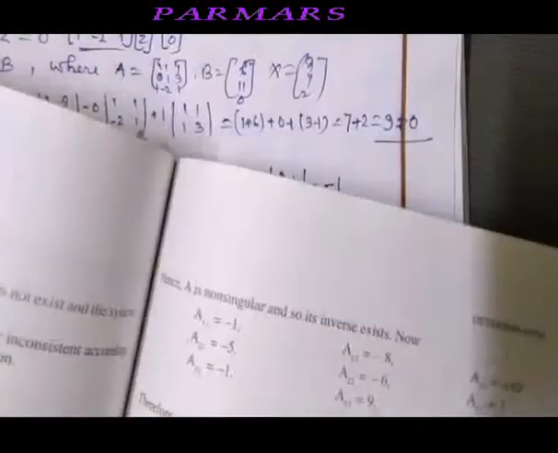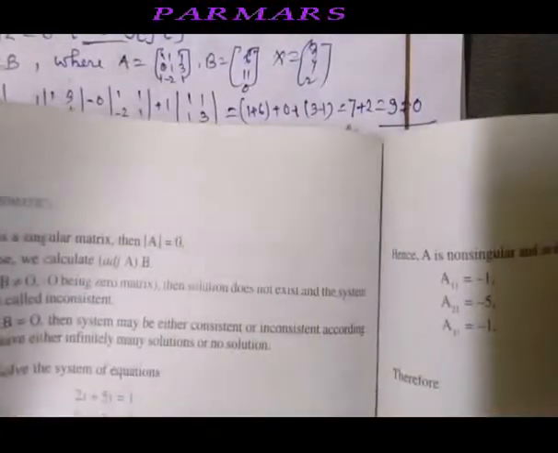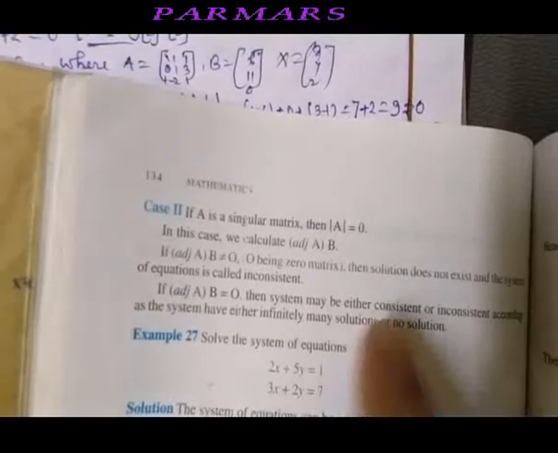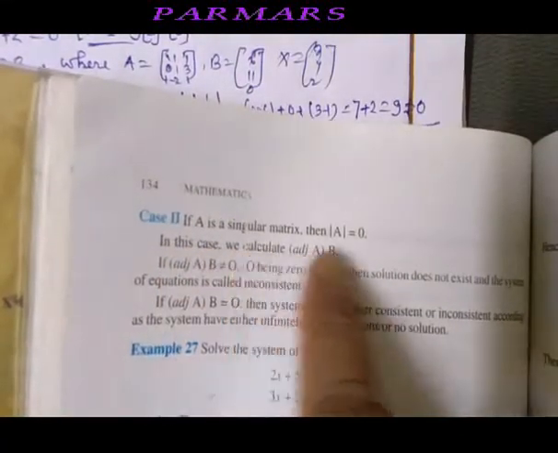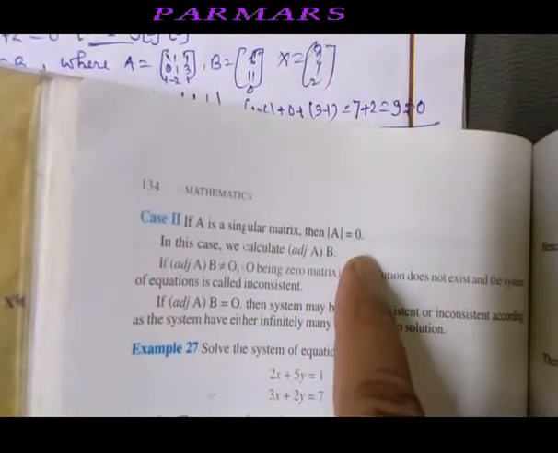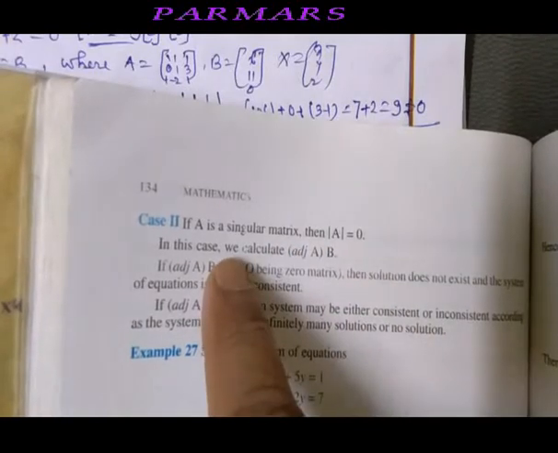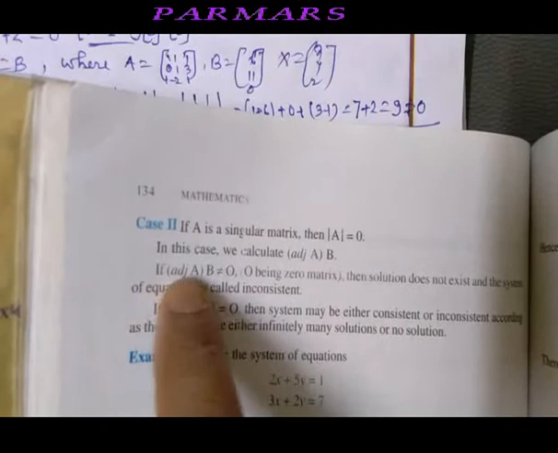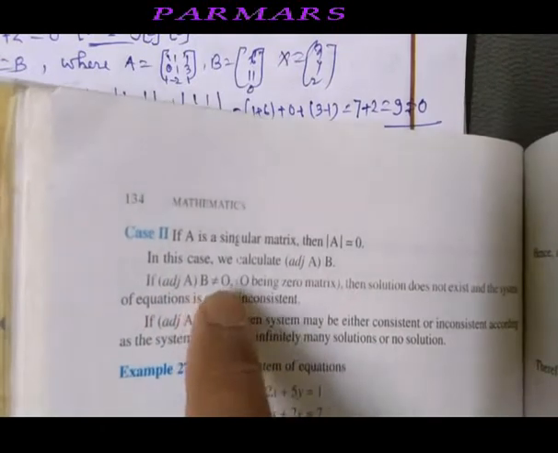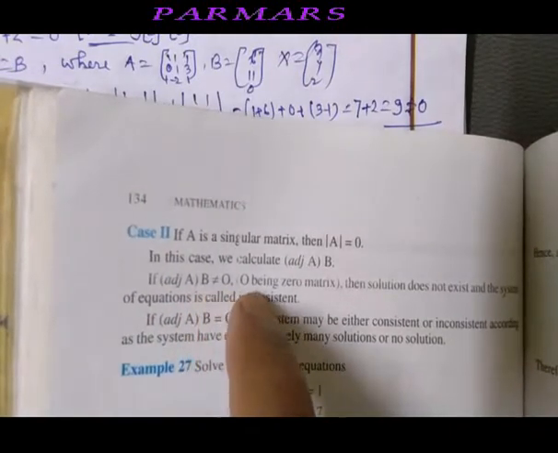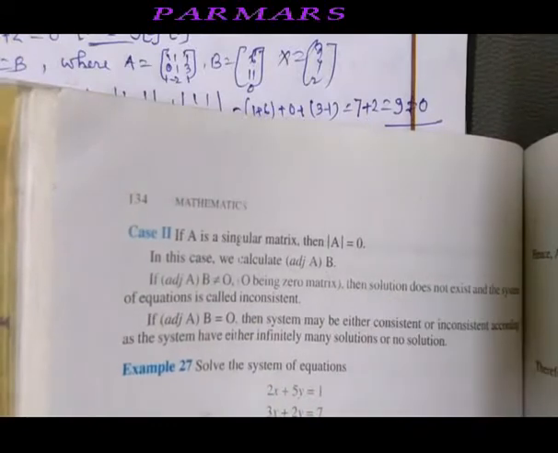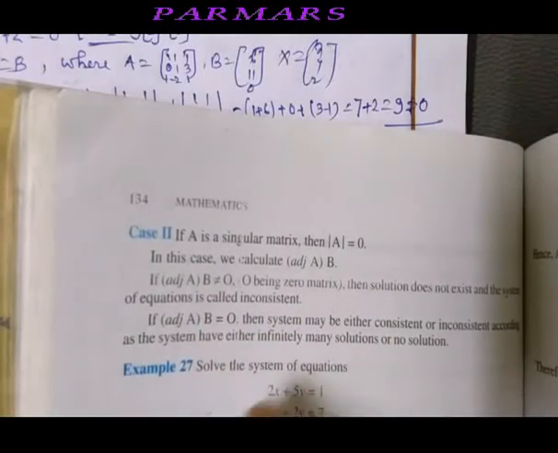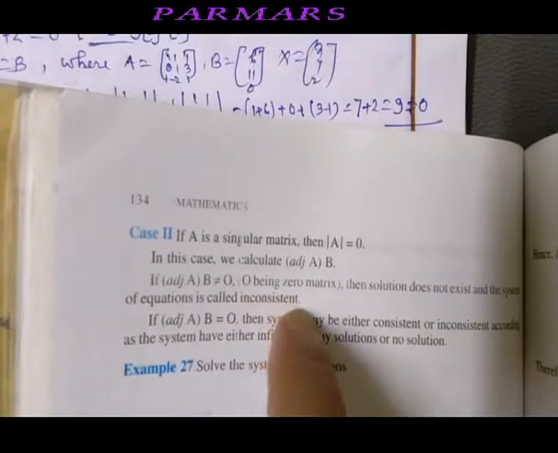Case 2: if you find that the matrix is singular, meaning determinant A is 0, then you are required to calculate adjoint A into B as I said. Now if adjoint A into B is not 0, here 0 is the zero matrix of the same order, then the solution does not exist and the system of equations is called inconsistent.